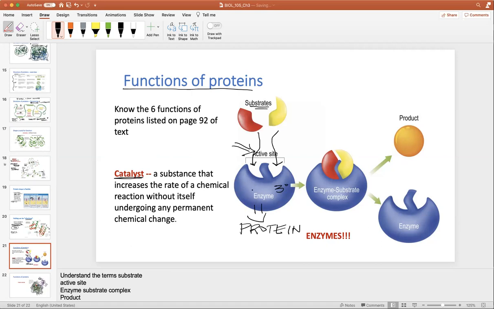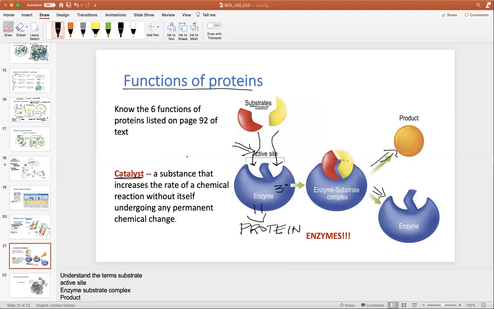Now, what happens is because these substrates fit beautifully into this active site here, the enzyme brings them into close contact with one another to encourage their interaction and chemical bonding, and that results in a chemical product being formed, and the enzyme is then free to catalyze further reactions, okay?